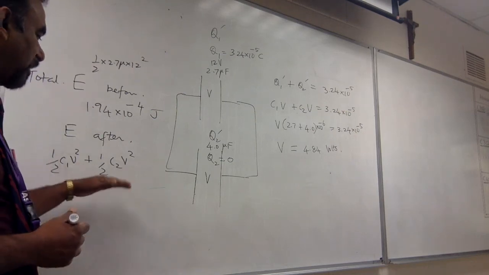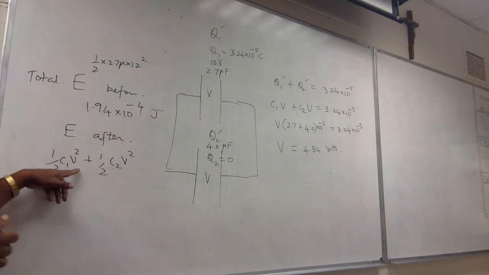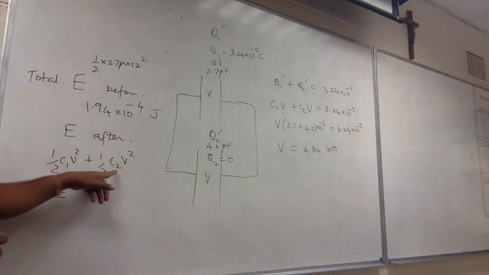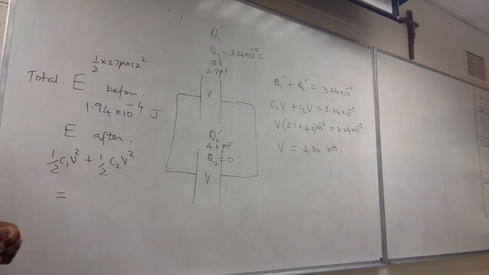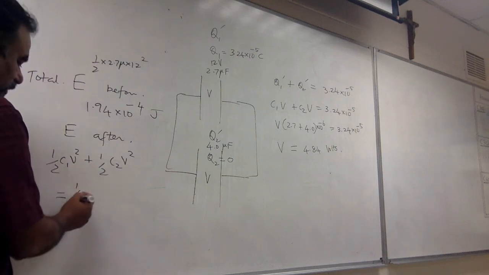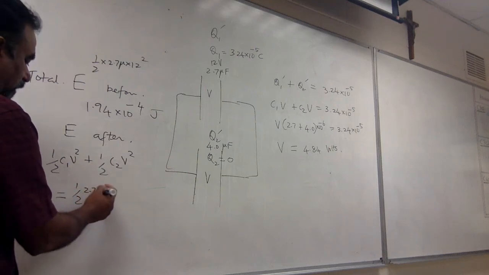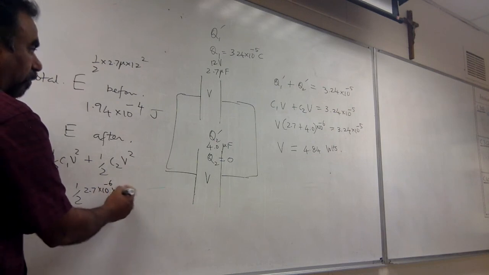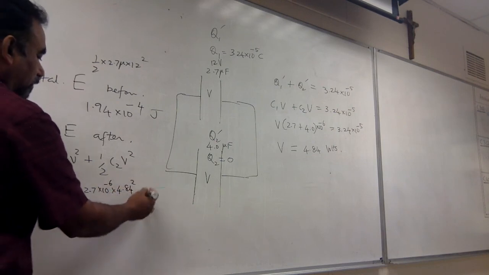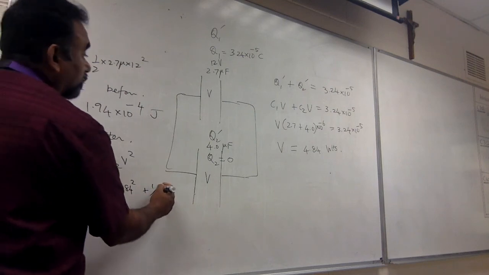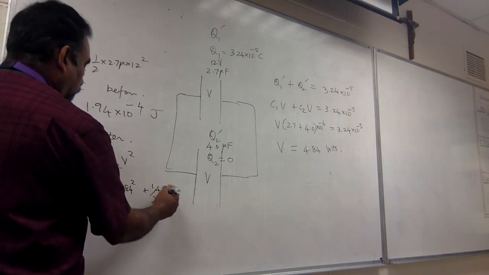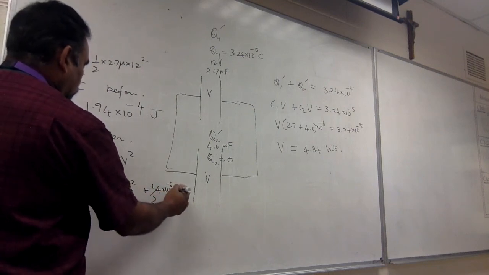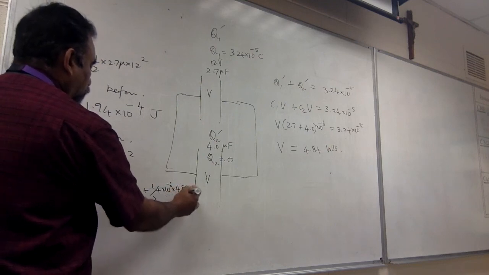What is the total energy after? Half C1V squared plus half C2V squared should be equal to half 2.7 micro times 4.84 squared plus half 4 micro times 4.84 squared.